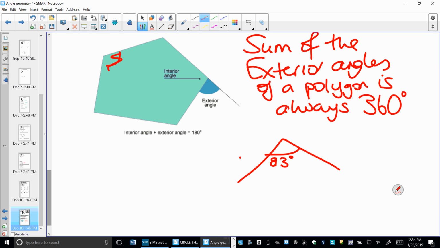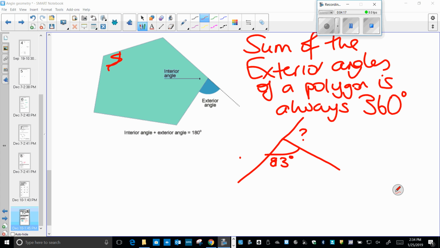So you might look and go, well, I don't know. The best thing to do is to say, well, if I know that the interior angle is this, I can easily find my exterior angle. Okay, so they might say it's a regular polygon, the interior angle is this, how many sides does it have?